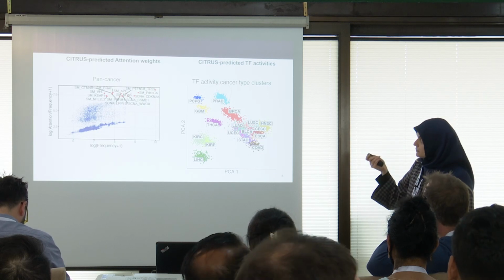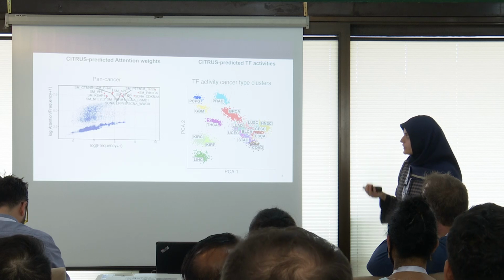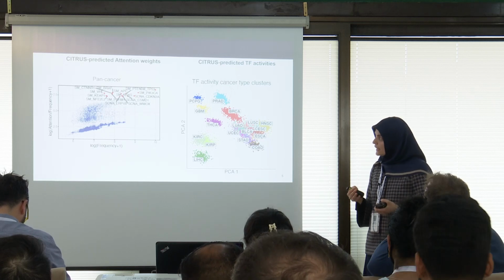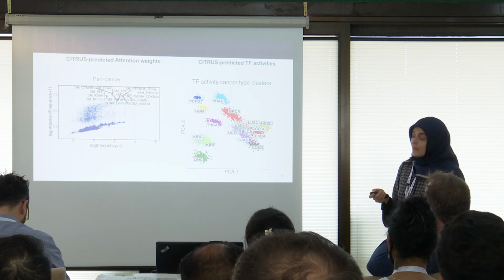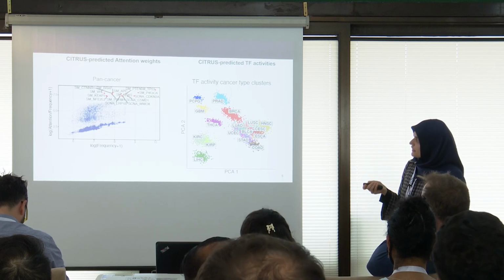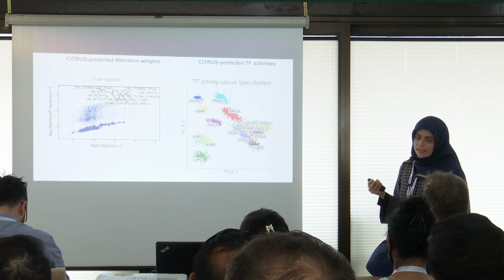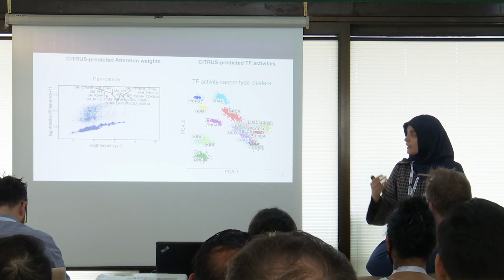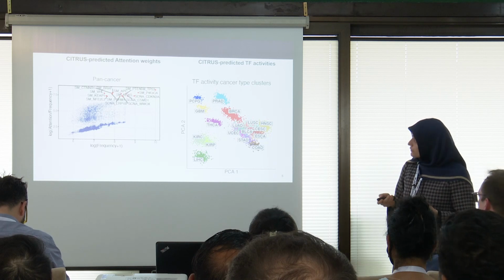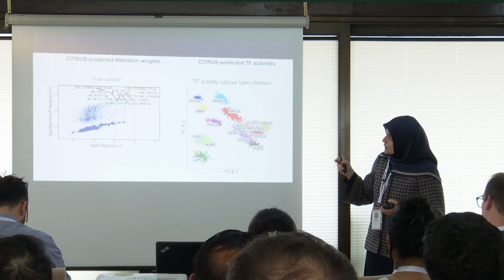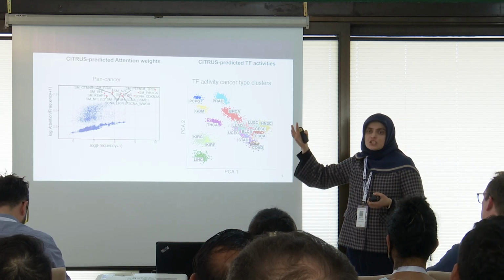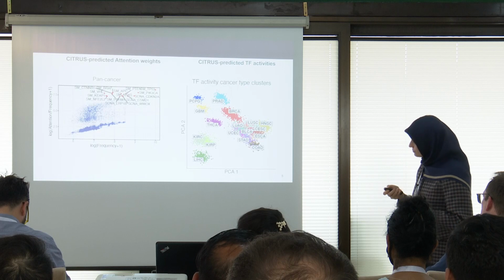For example, TP53 and PIK3CA, highly frequent genes across many different cancer types, are getting high attention weights. But there are other somatic alterations that, although they are frequent, have lower attention weight scores. When we performed an enrichment analysis, we saw that genes with high attention weight are enriched with cancer drivers.